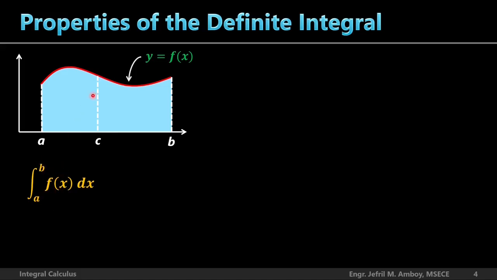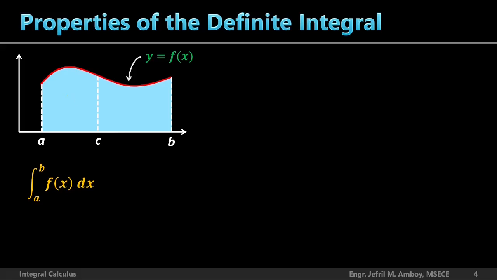Now, this would lead us to another important property of the definite integral. So, remember, yung buong area na shaded dito, yung kulay blue, equal siya sa definite integral ng f of x from a to b. Nung naglagay tayo ng constant dito, nahati yung area into two regions. Mathematically, I can integrate f of x from a to c.